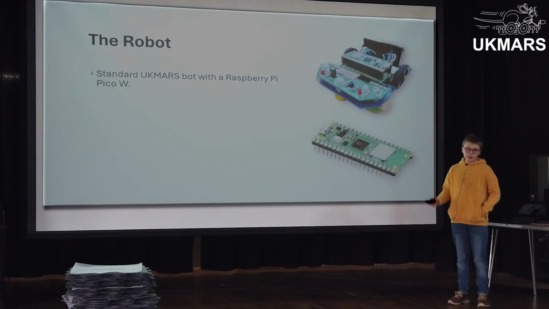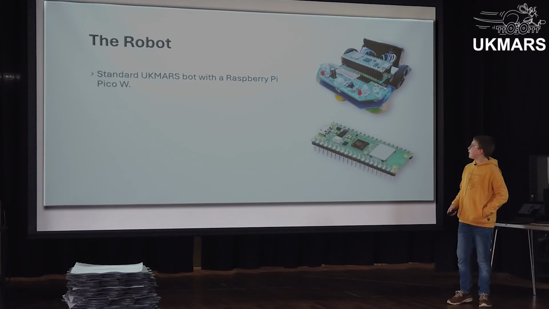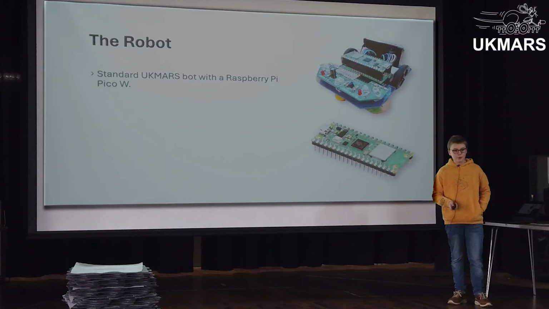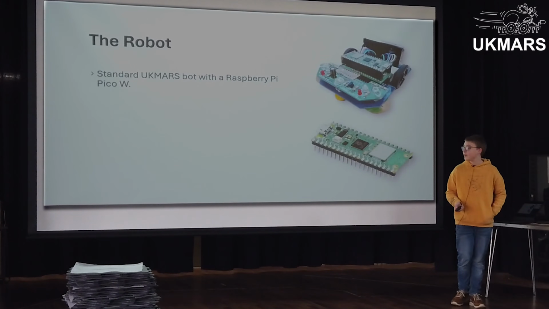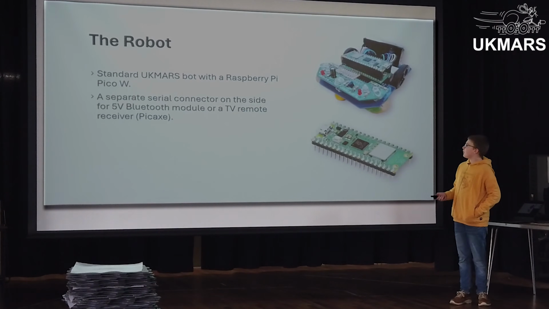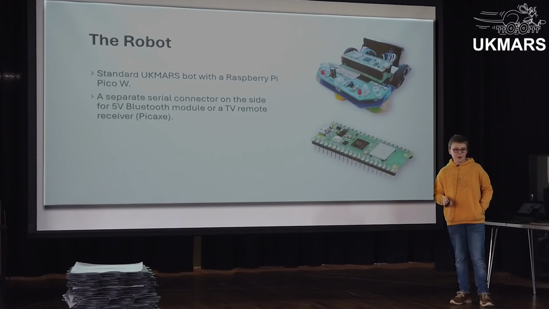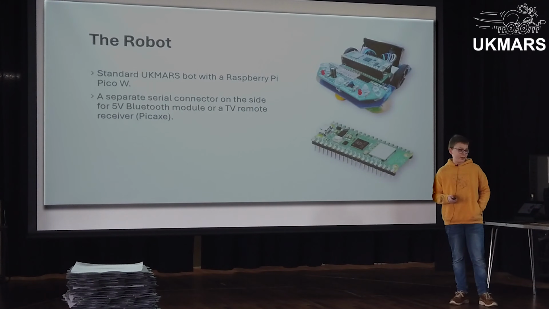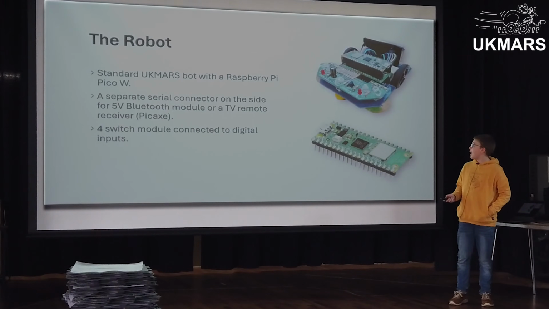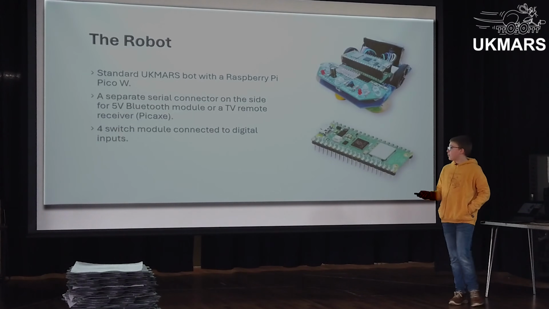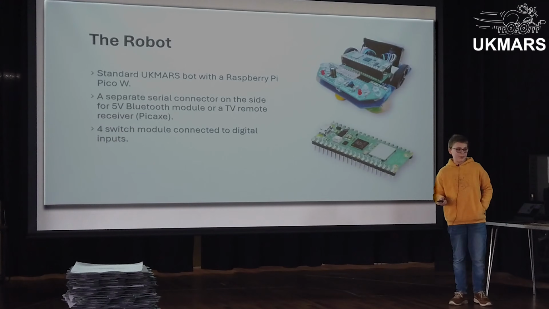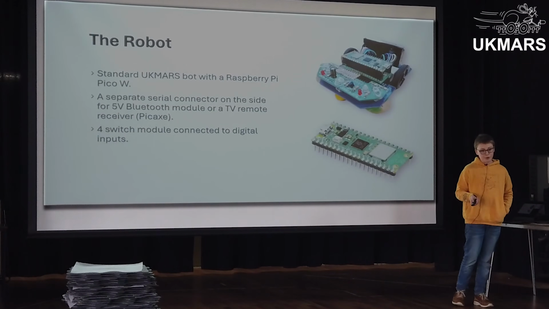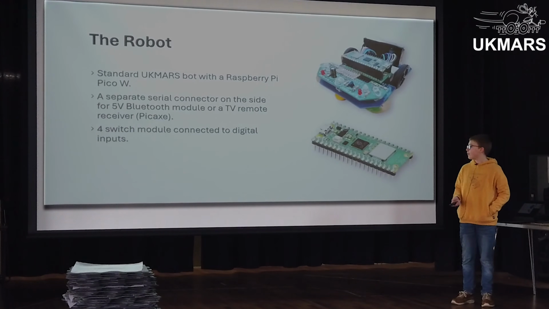So we use the standard UKMARSBot with a Raspberry Pi Pico W, which allows for Wi-Fi and Bluetooth capability. We have a separate serial connector on the side, which allows us to use a 5-volt Bluetooth module or a TV remote receiver. We have a 4-switch module connected to digital inputs, as the Pico only has 3 analog inputs, which we're using for the sensors.